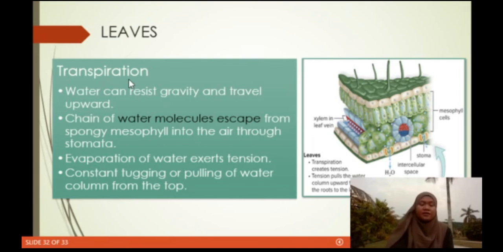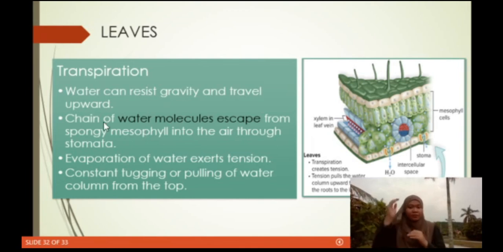In the leaf we have transpiration. Transpiration is when water molecules escape from the leaf, from the spongy mesophyll into the air through stomata. Remember, when they escape, the chain of water molecules escapes. To make you understand more, I give you an example of a straw. When you drink from a cup of water, the water will decrease.